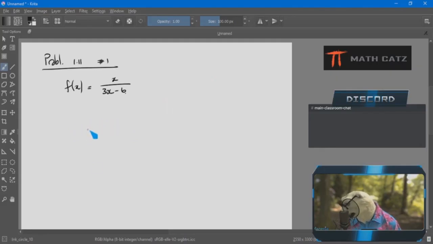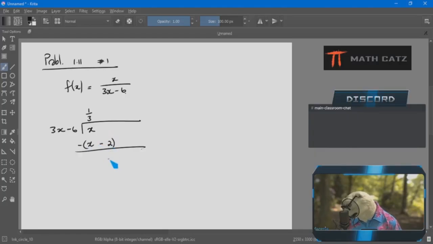Numerator inside the house, denominator outside the house. Now I compare leading terms. 3x goes into x 1/3 of a time, or x divided by 3x. 1/3 times all of this will be x minus 2. I take that away. X minus x. By design, this is going to cancel the leading terms.